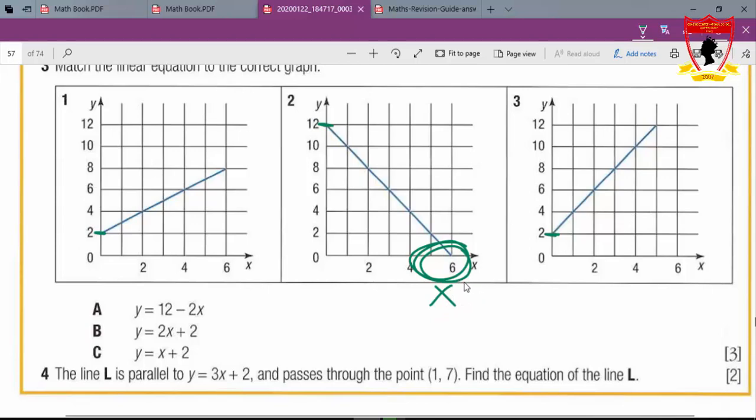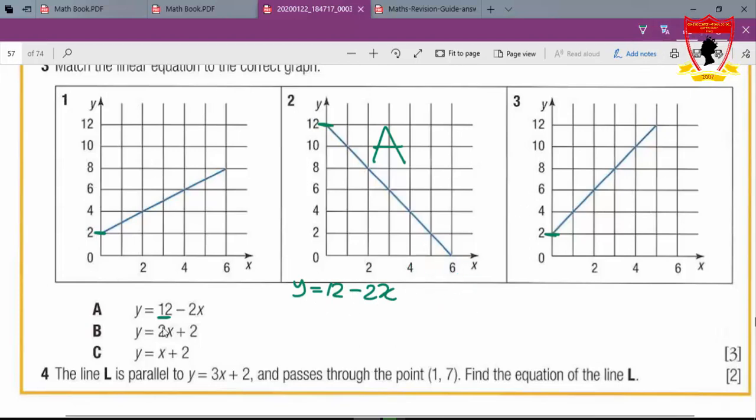You don't need this to identify the equation. Now, one of the equations must have a +12. As you see, two equations have +2. Let's ignore them for now, but surely one equation has a +12 in it. So definitely graph 2 is for equation A, which is y equals 12 minus 2x.